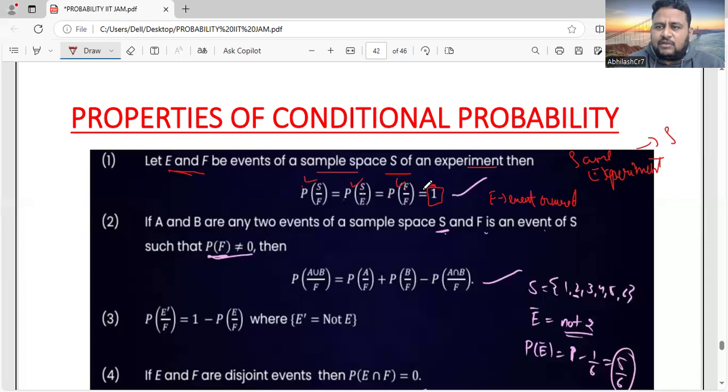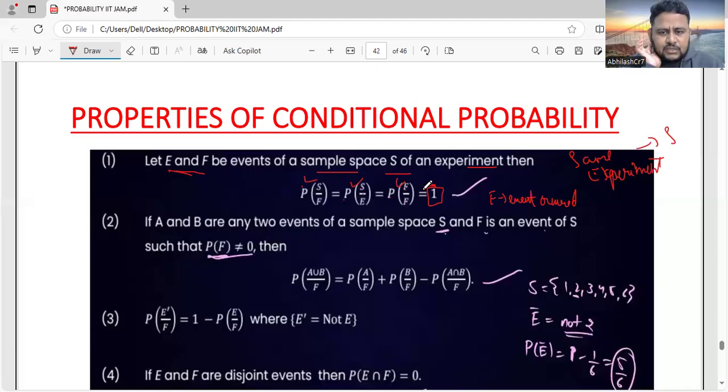Because why? Probability of F will be some value, and probability of F divided by probability of F will be the same value. It will cancel itself and you will get 1. So probability of S by F, probability of S by E, where event E has to occur and event F has already occurred, that is equal to probability of F by F, that is equal to 1. This is the first property.